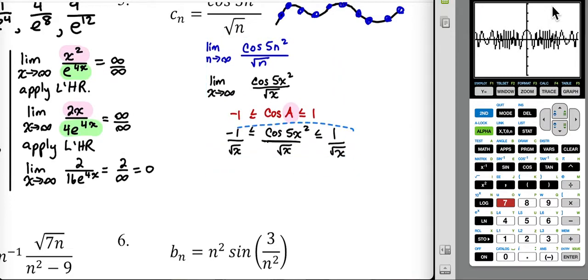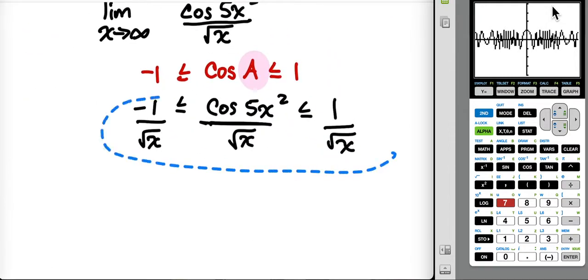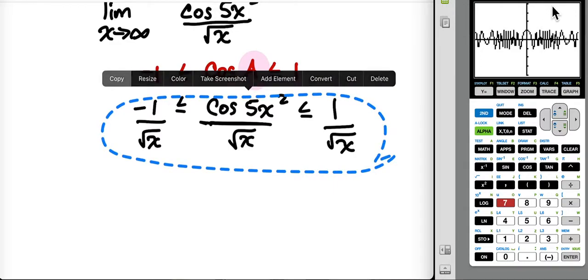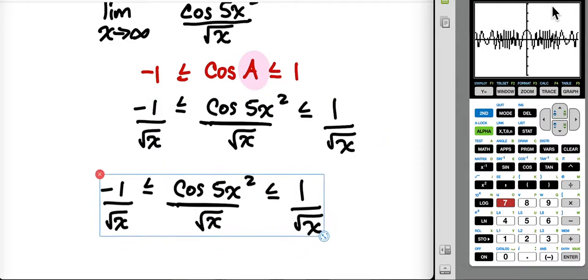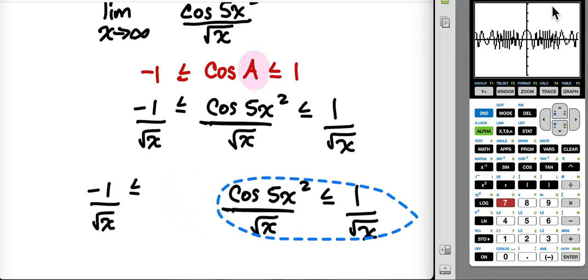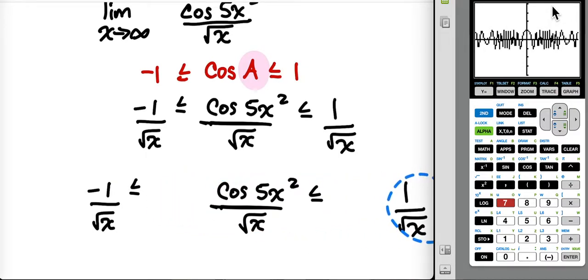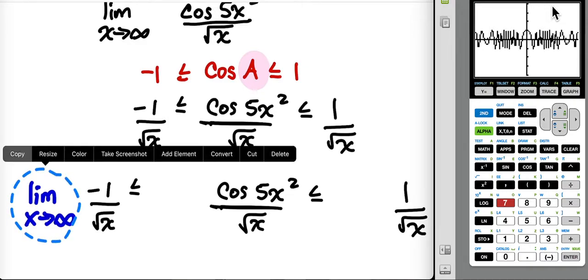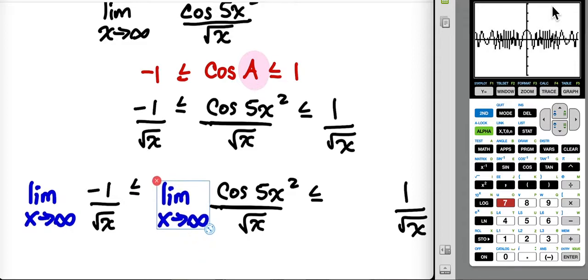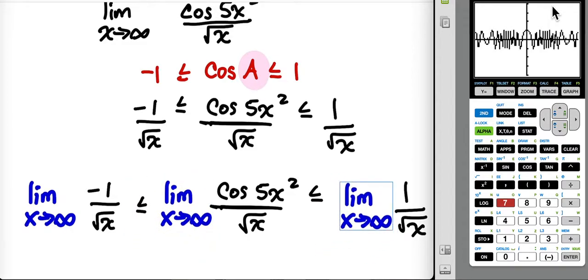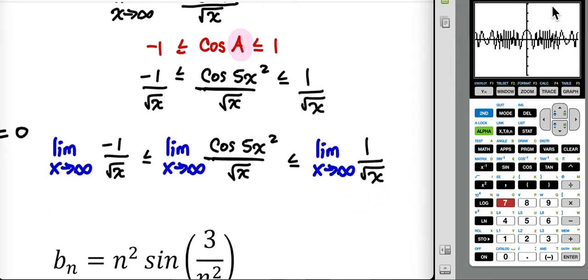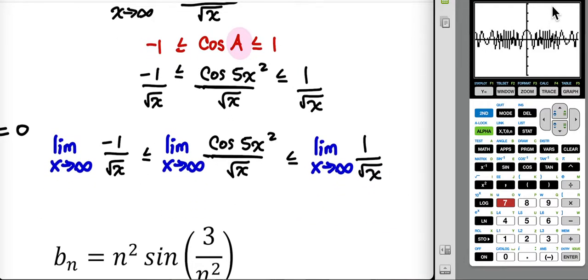All right, so what I like to do is a little copy-paste action. So the limit as x approaches infinity of each piece. Now, we don't know the middle piece. That's why we're here.